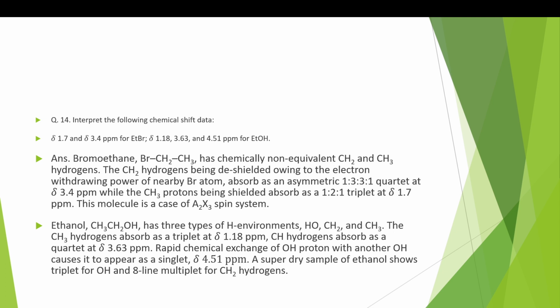Exchange of OH between nearby molecules, known as chemical exchange, simplifies the spectrum. If a sample of super dry ethanol is used, the OH hydrogen absorbs as a triplet. But in normal alcohol, the OH hydrogen absorbs as a singlet due to chemical exchange.